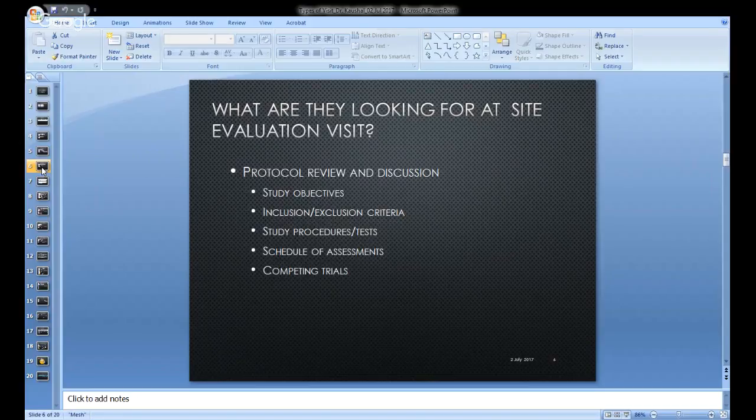After this, we would confirm whether the site is selected to go ahead or not. Once a site is selected, we go ahead with the EC submissions and the regulatory submissions, and once the submissions are done and approvals are received, we plan for the site initiation visit.